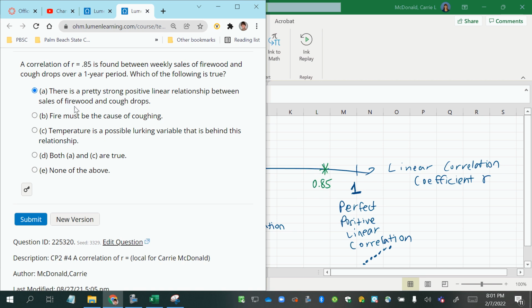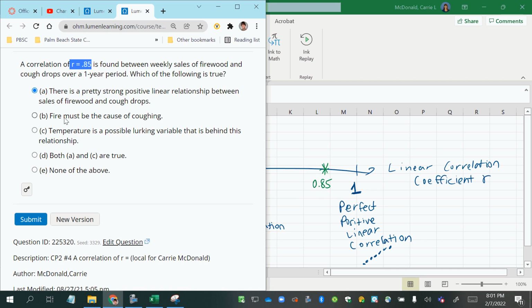But if the weather's cold and you're needing more firewood, you're probably also getting more colds and needing more cough drops. So that's not a causal relationship, but there is certainly a correlation, and it looks to be linear because we have such a strong linear correlation coefficient.